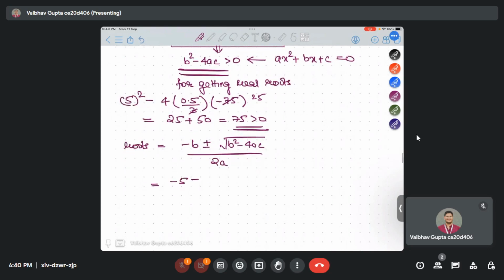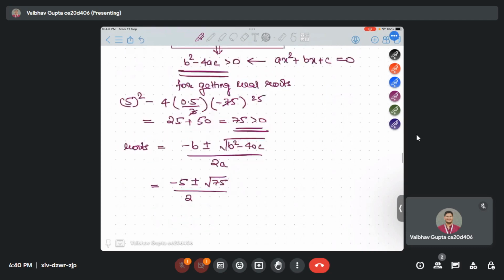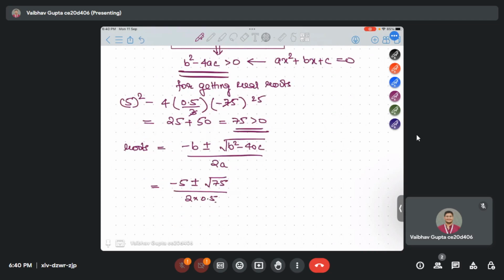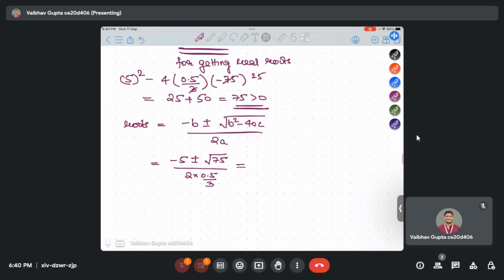So it's 5 plus minus under root of 75 by 2 into 0.5 by 3, which is equal to minus 15 plus minus 3 under root 75.